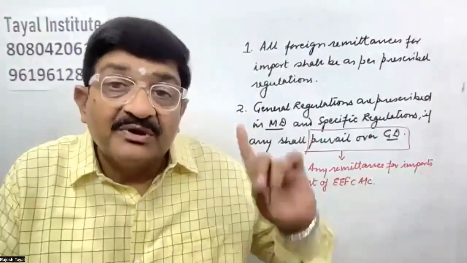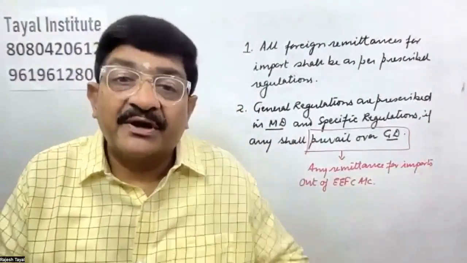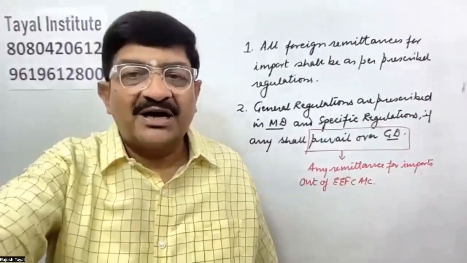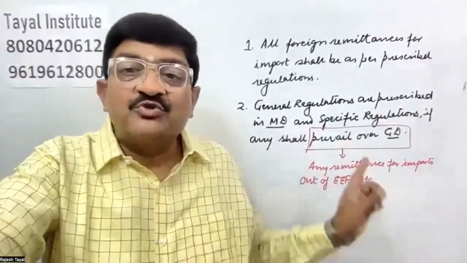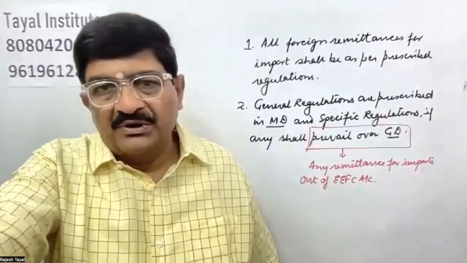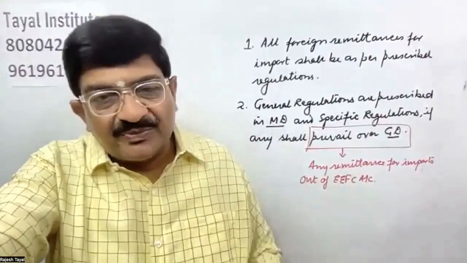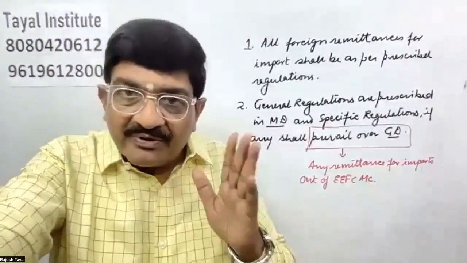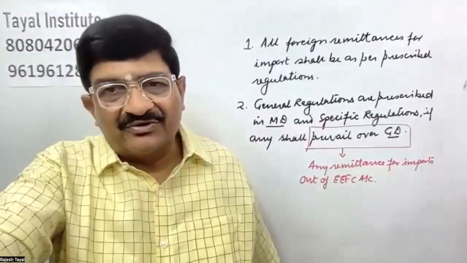In that case, the general directions given under these regulations do not apply. That is just one example I give. Similarly, if there are any other specific examples, those will always prevail over general directions.